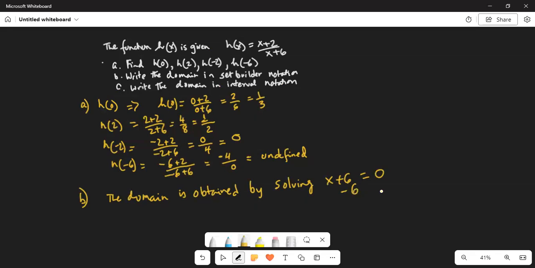Subtract 6 on both sides, so x is minus 6. Notice when x is minus 6, the denominator is 0, as we have done before. So in that case, the function is undefined.